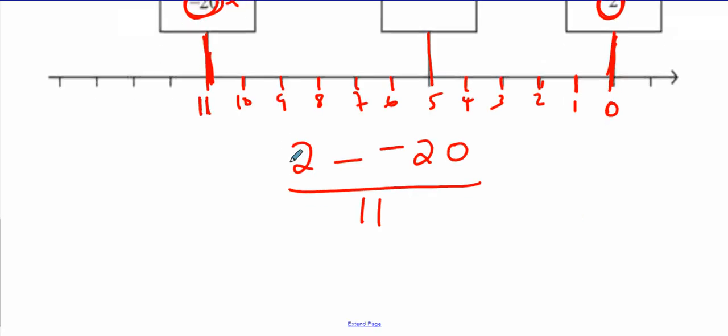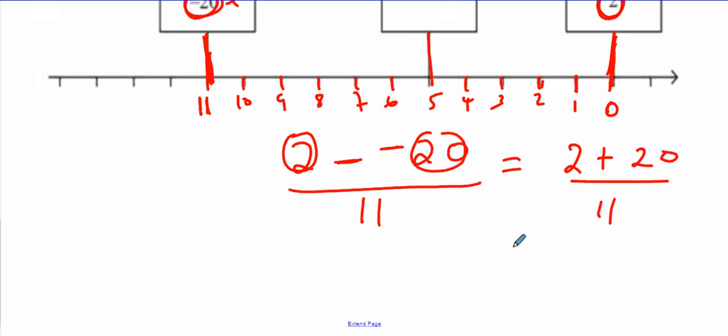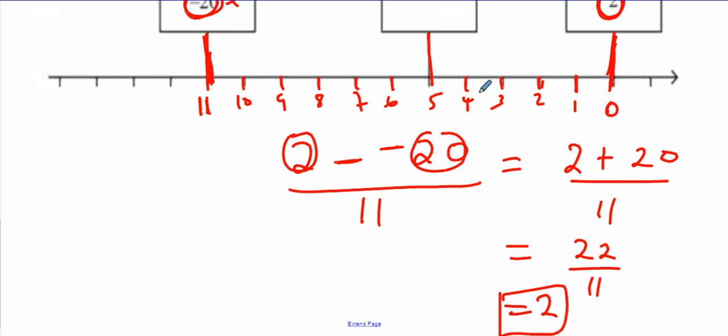Now what is 2 minus negative 20? Negative times negative makes positive, so this will be 2 plus 20, which is 22, divided by 11, and 22 divided by 11 equals 2. What does this mean?